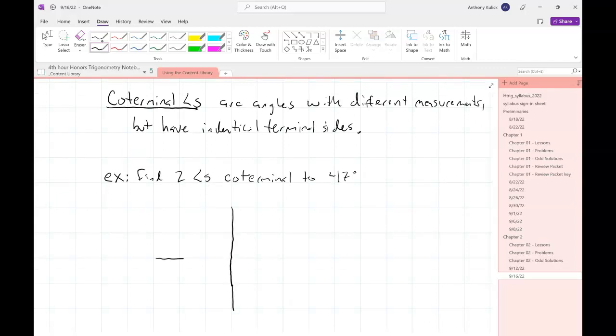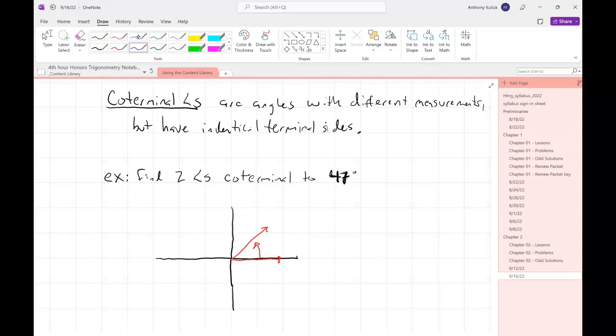I guess, Mr. Kulik, I'll start with a picture. 47 is what that number says there. So that looks like about 47. I'm not going to put the angle measure on there.